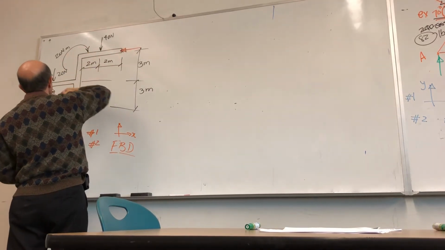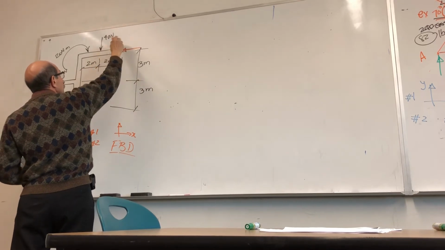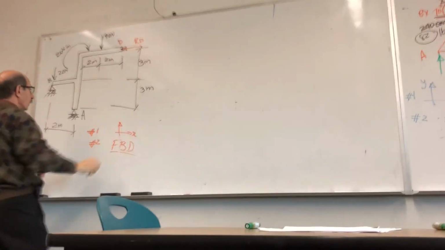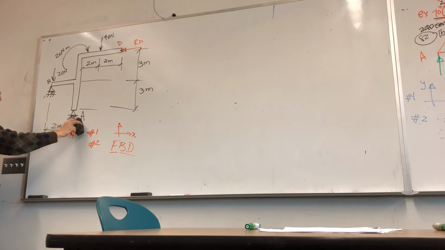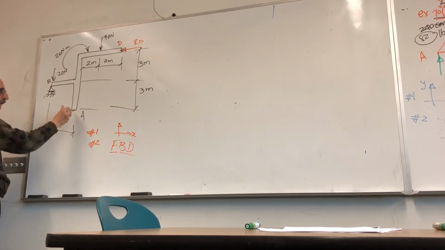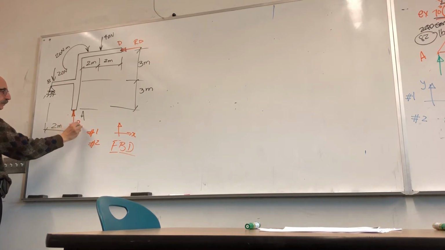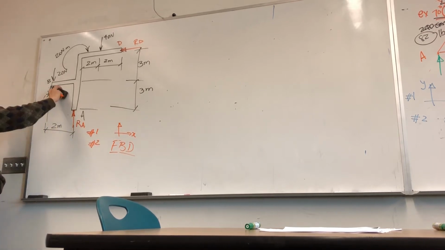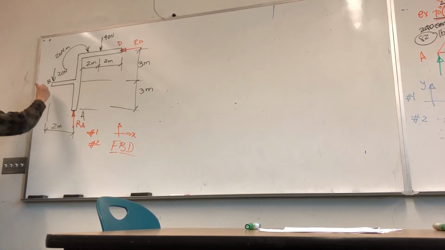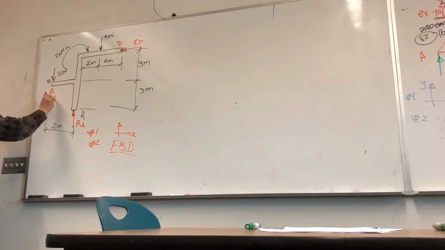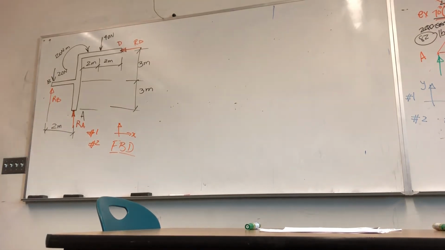So if I label these A, B, C, D, this would be RD. How about here? You have a force that acts perpendicular to the potential direction of motion, and then the force B right here. I will just tell you the first step of step 3, so you can do the rest.